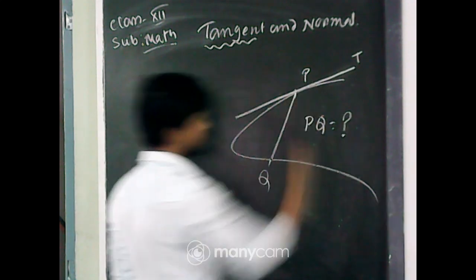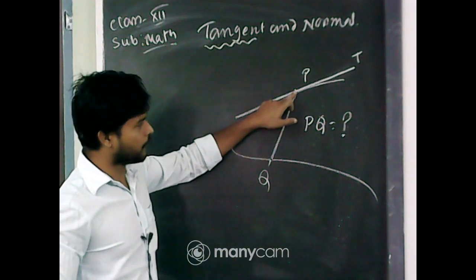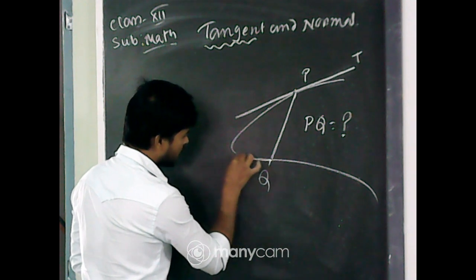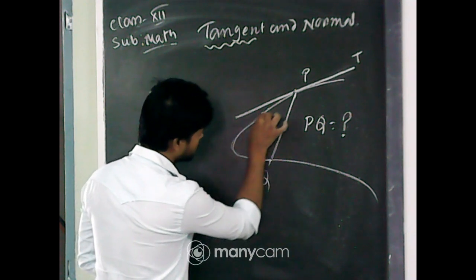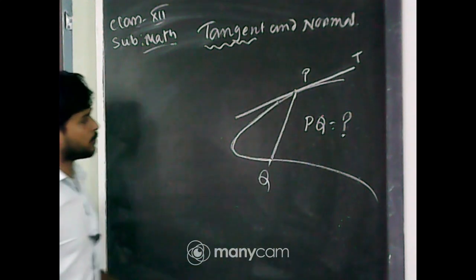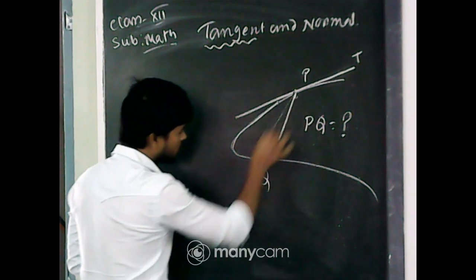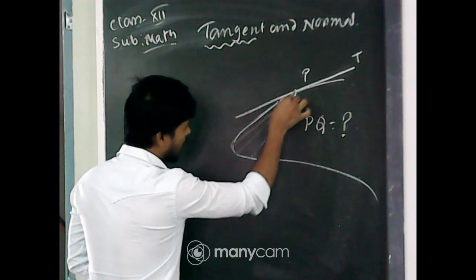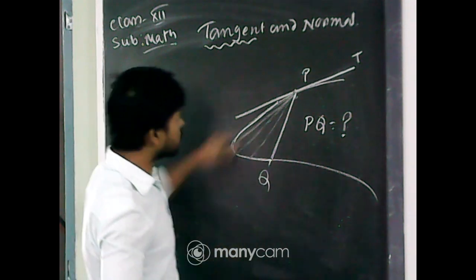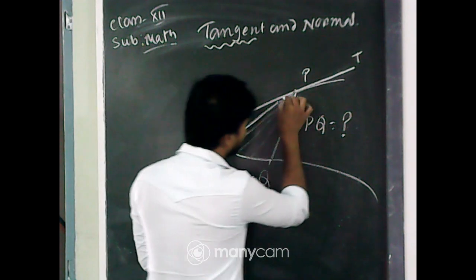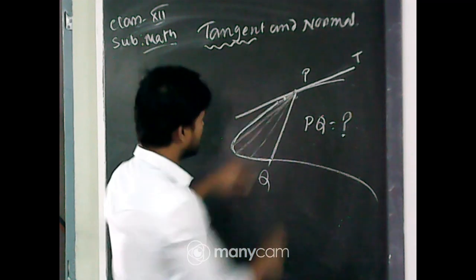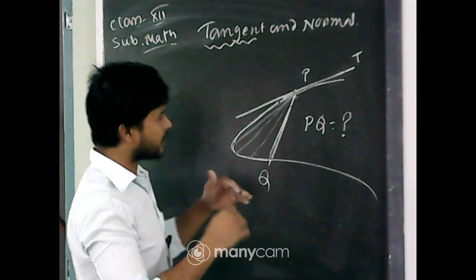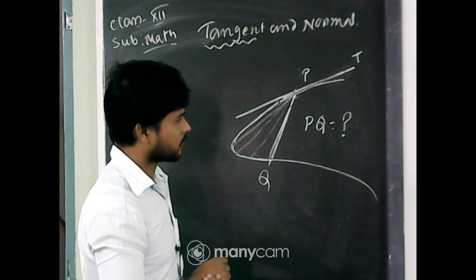Now, if I draw a tangent at the point P, let PT be the tangent at the point P. Now, keeping this point P fixed, if I gradually move the point Q very close to the point P, the length of this chord will shrink as Q moves toward P. And when Q is very close to P, the chord will converge to the tangent, meaning chord and tangent will coincide.